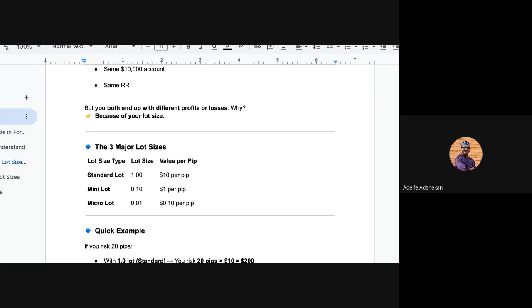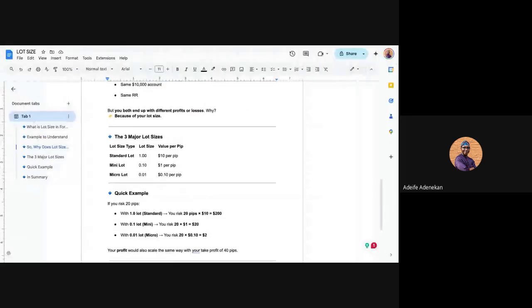Anyways, back to our conversation. When you enter into a trade, you enter the trade with the lot size, and after you have done your calculation and everything, you determine how much you make and how much you lose.